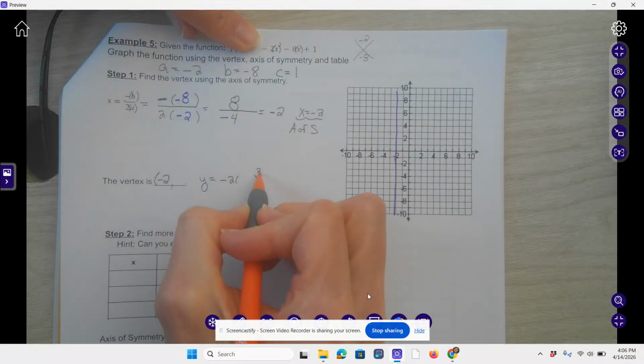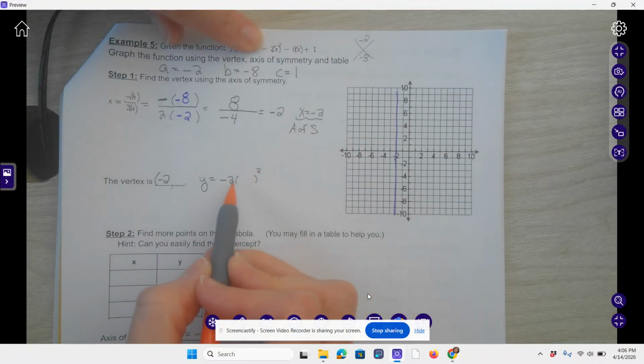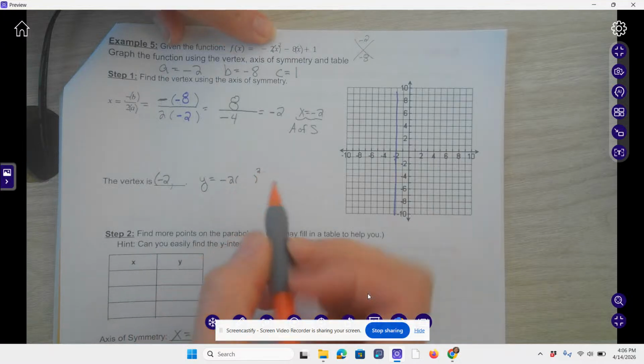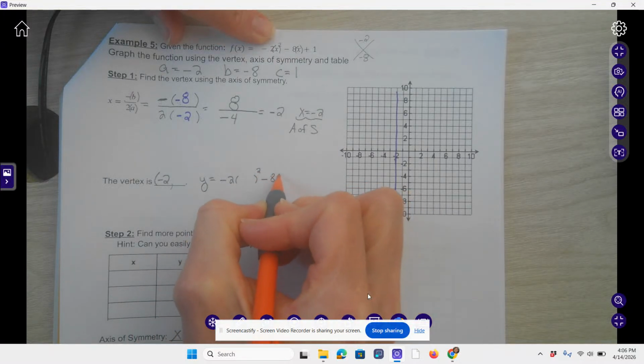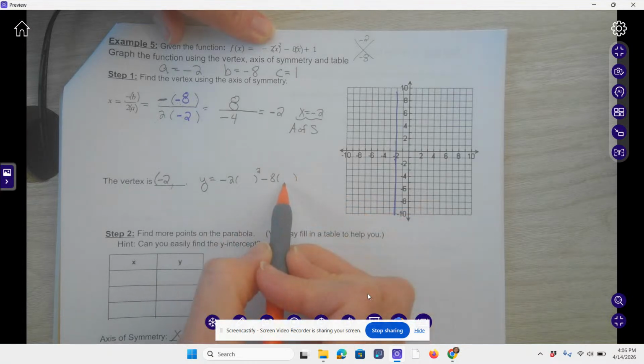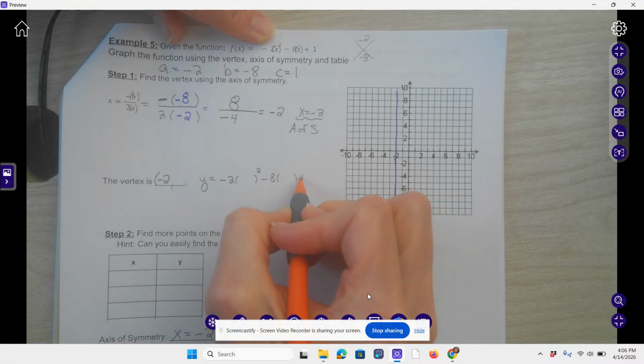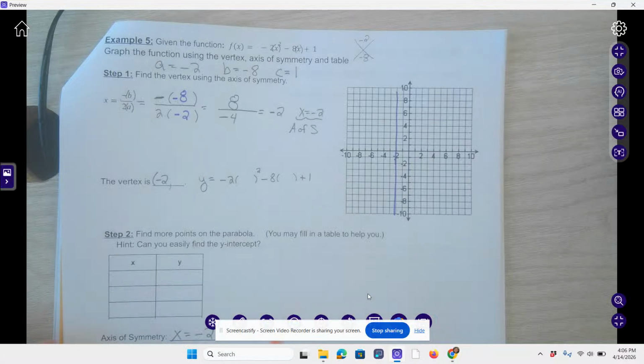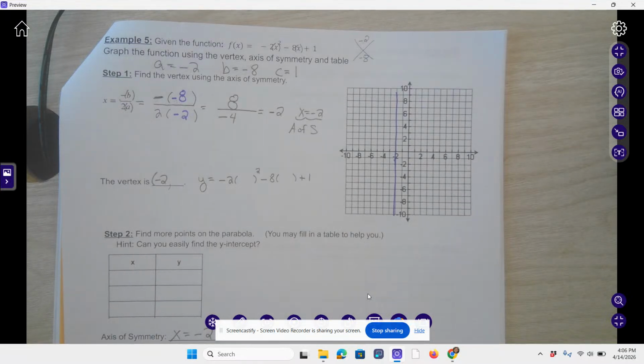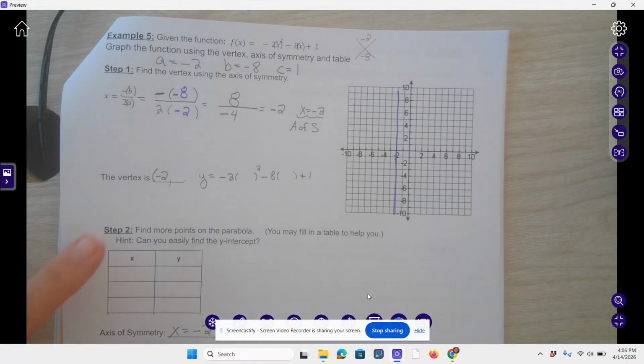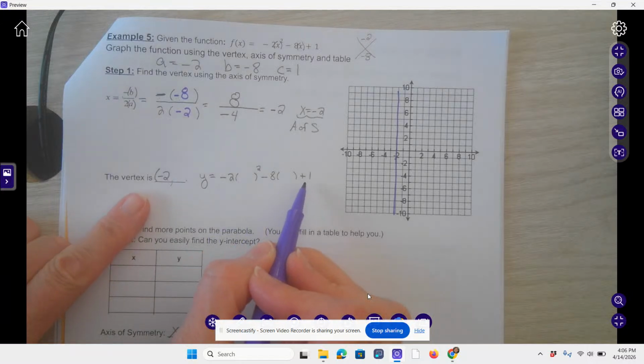Don't forget the squared. Instead of 2x squared, I have 2 whole squared minus 8x, but throw out the x, plus 1. I recommend you write this at least once. Once you have it in your calculator, you can do that cheater thing, like I said, and go up and grab it out of your calculator. But write it out at least once.